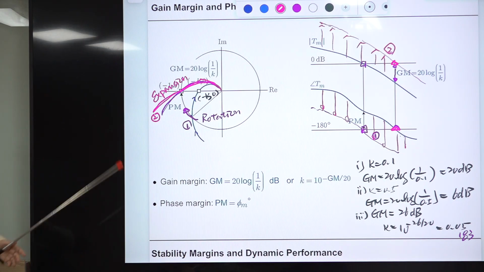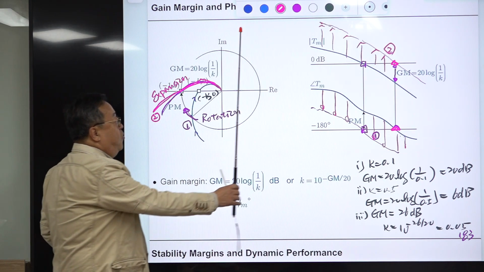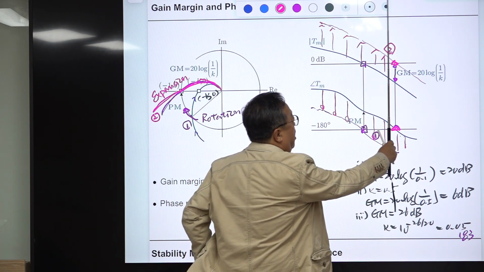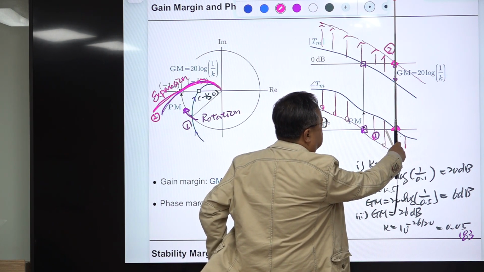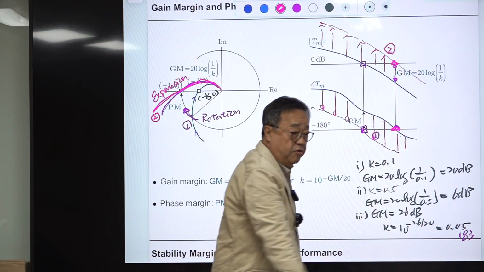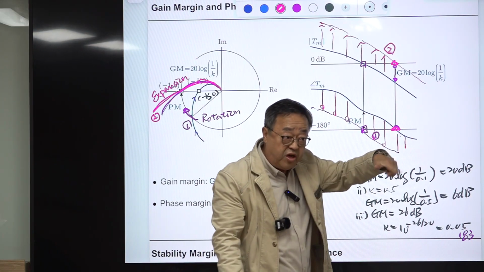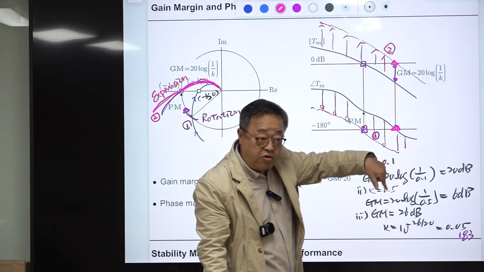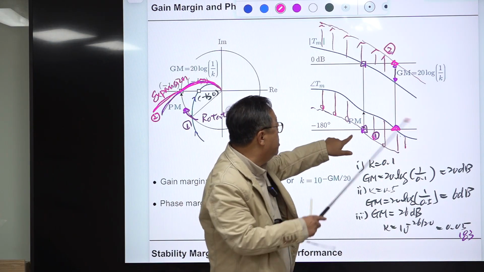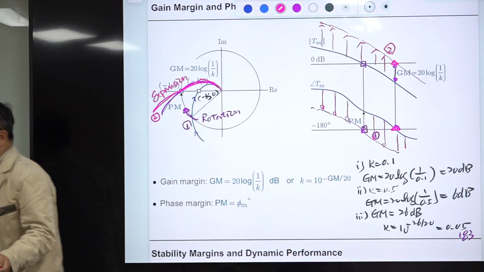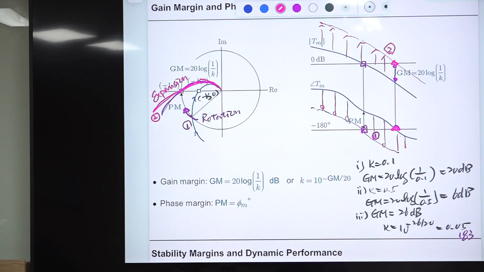One difference is that for this point the oscillation frequency is this one, and in this case the oscillation frequency is this triangle. So this oscillation, of course, is much faster than this one, a higher frequency oscillation. This one is at relatively lower frequencies. Okay, so this is about gain margin and phase margin considered all together.